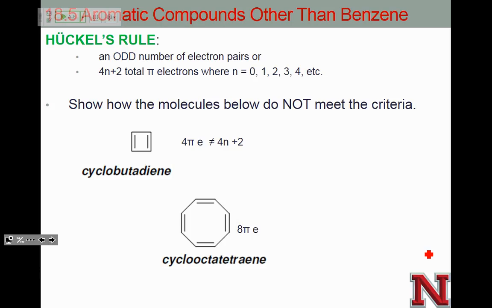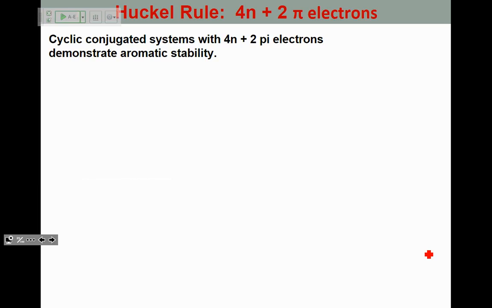So this one has 8 pi electrons, and again, there's no way to solve that equation for 8 pi. There's no n there. So these two are both for sure not aromatic. We'll actually term them something else. But our benzene does. So that agrees with Huckel's rule.